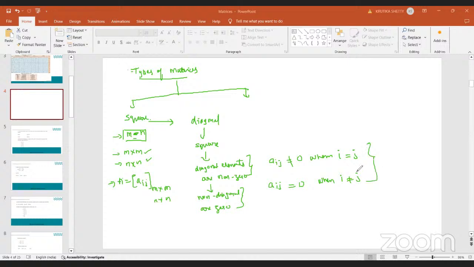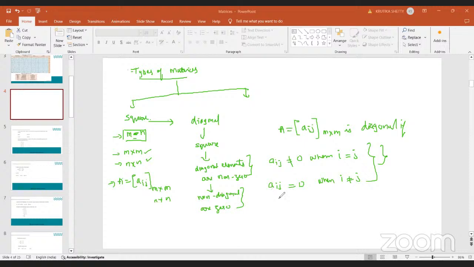This condition is very important. So you can write it in general form: A equal to [aij] m cross m is a diagonal matrix if these two conditions hold.